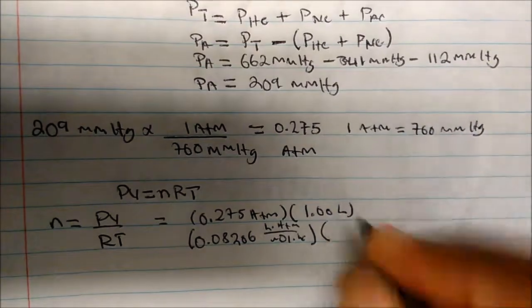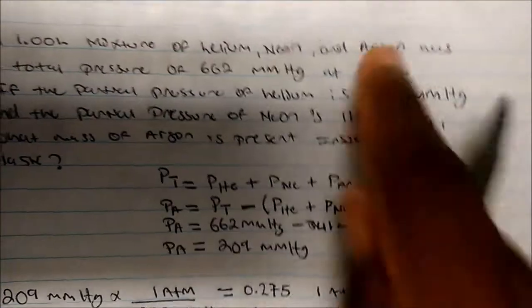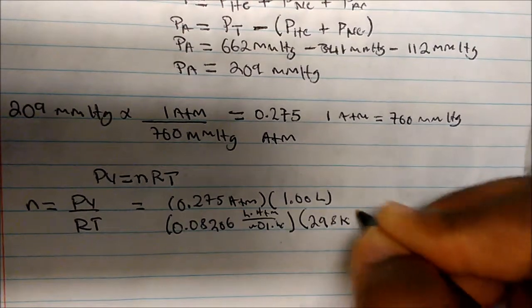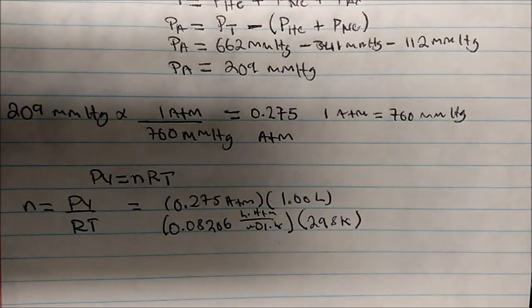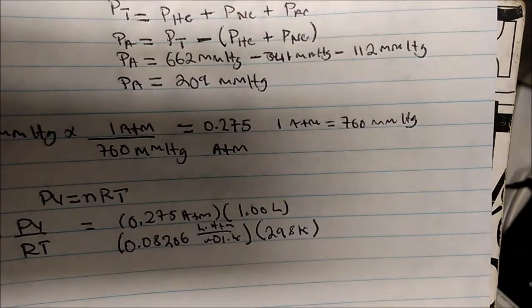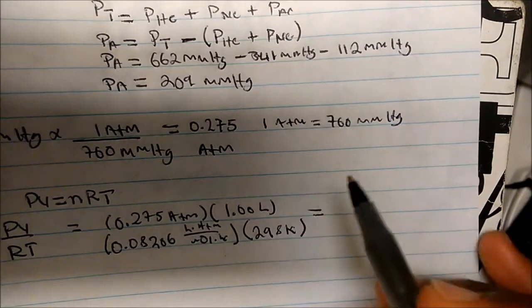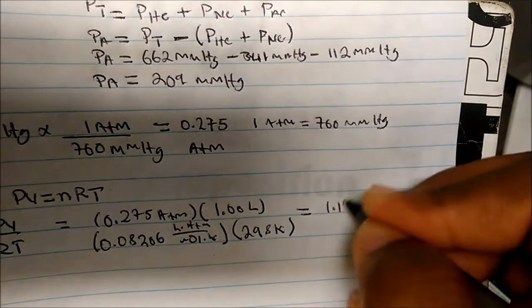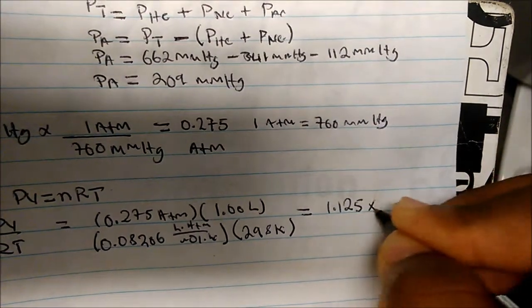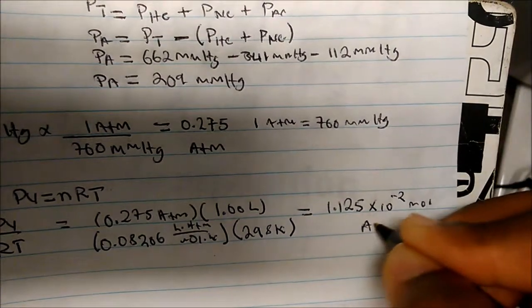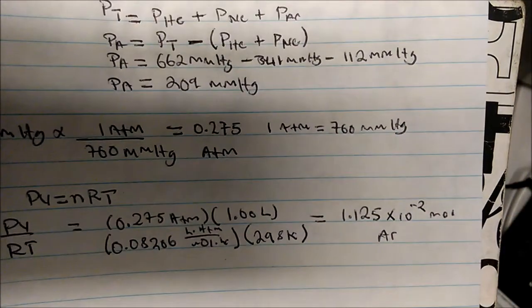Okay, and we multiply that by the temperature, which happens to be 298 Kelvin. And so when I plug this all into my calculator, 1 times that divided by that, I should get approximately 1.125 times 10 to the negative 2 moles of argon.